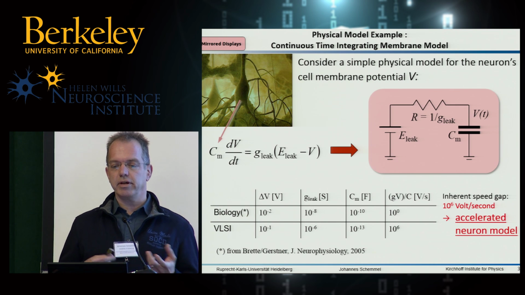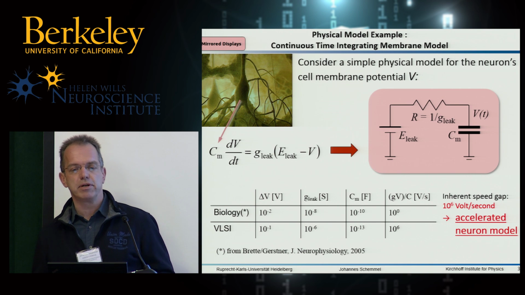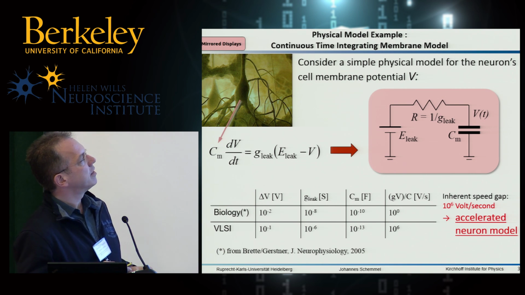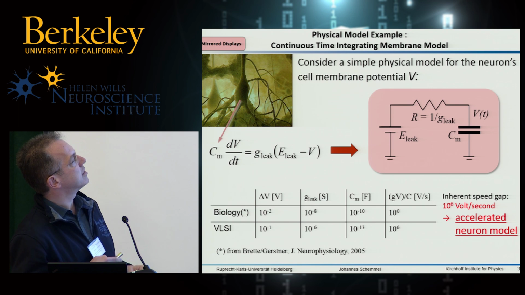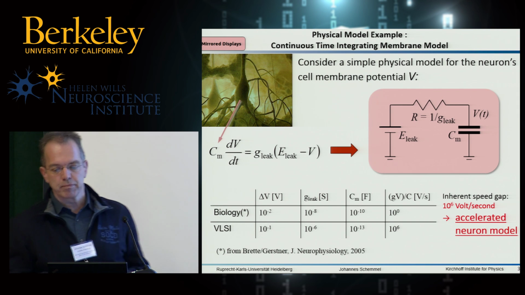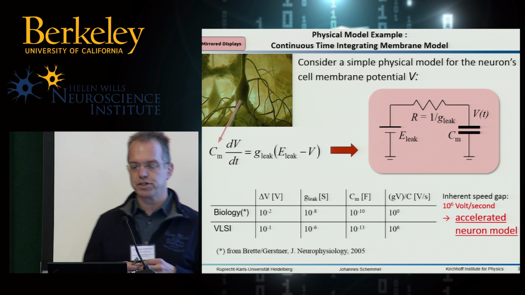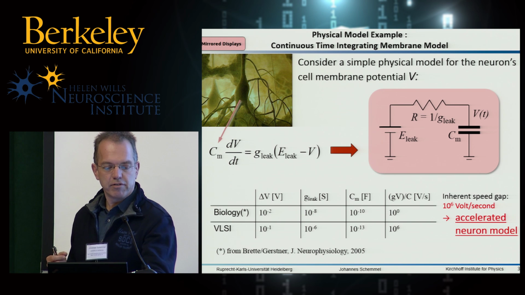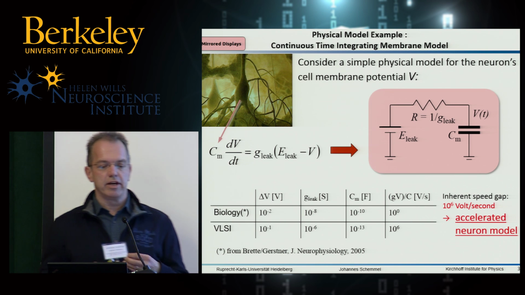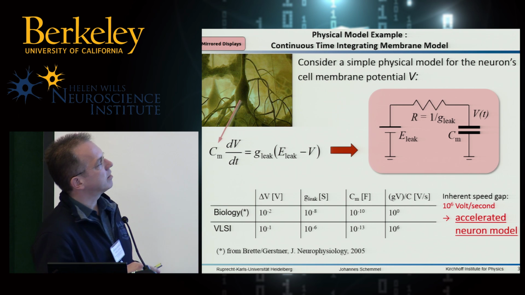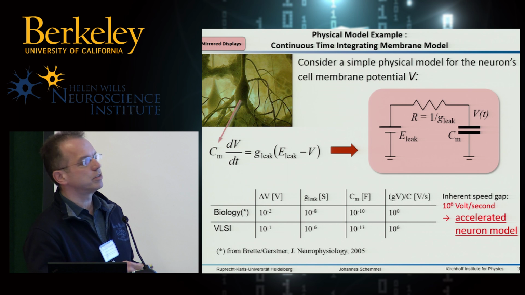This is an example, the most simple example of a physical model. It is a basic model for the membrane of a biological cell. You can put this in a simple equation and model this equation by a simple electrical circuit. And here is, I think, the one key feature which sets our work apart from what we have seen so far: we do not try to get the time constants in this model close to biology.